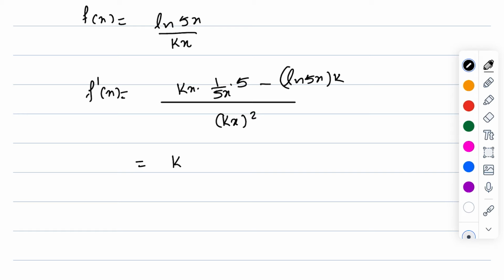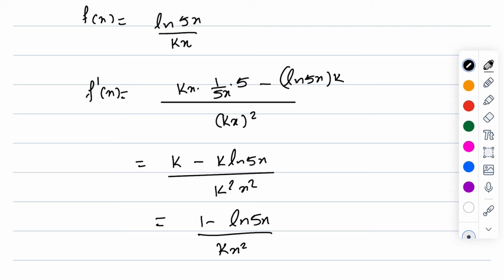So it becomes k minus k ln 5x divided by k square x square. One k gets cancelled: 1 minus ln 5x divided by k x square. So f prime x has been found.